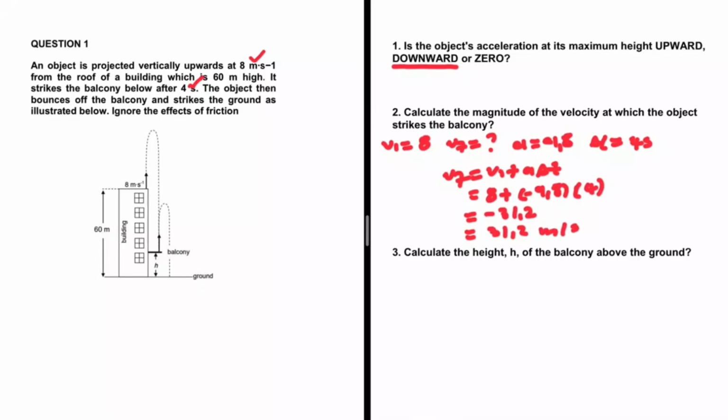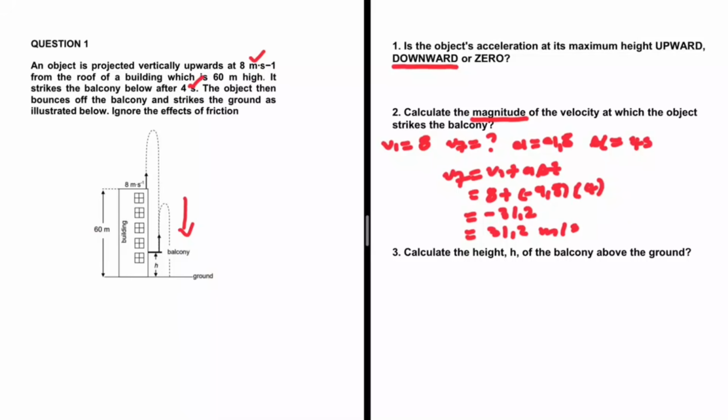The question says, let's calculate the magnitude, so we don't have to worry about the direction. We can just leave the answer as it is. If we were looking for the velocity, we would have to give the direction, which would be downward because our projectile strikes the balcony on its way down. But here we are only interested in the magnitude, so we can leave it like that. That is the second question.